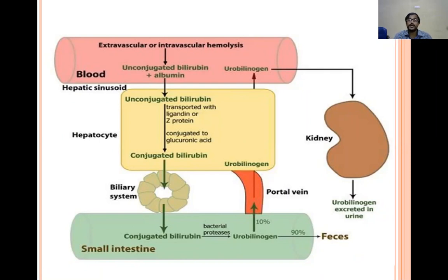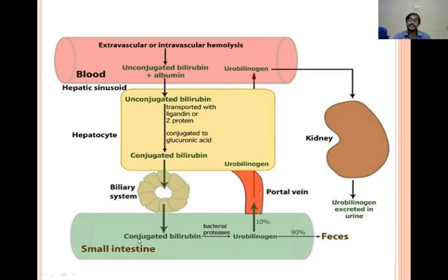This step occurs in the liver. After the conjugation process, the conjugated bilirubin is also known as direct bilirubin. Unconjugated bilirubin is known as indirect bilirubin, and the conjugated bilirubin is known as direct bilirubin. This direct bilirubin is secreted into the biliary system, from which it is secreted to the intestine.